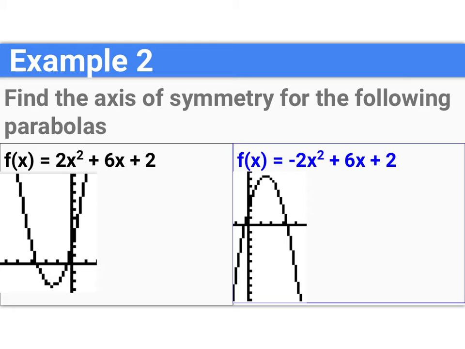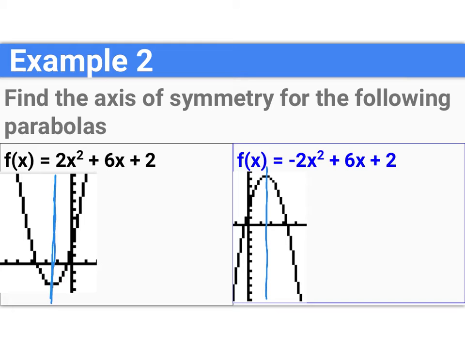All right. Find the axis of symmetry for the following parabolas. As we can see, I pulled these pictures off my TI-84. So now we're going to use the vertex formula because the vertex is a point.